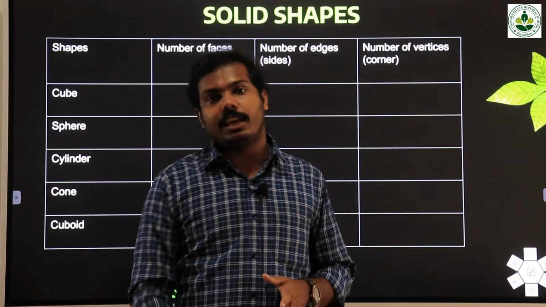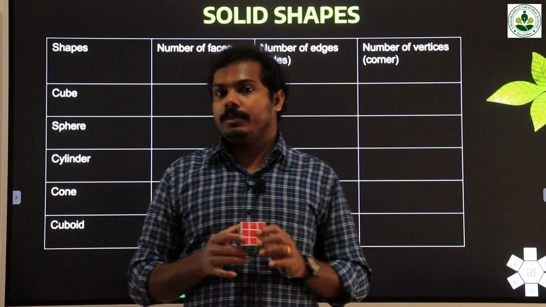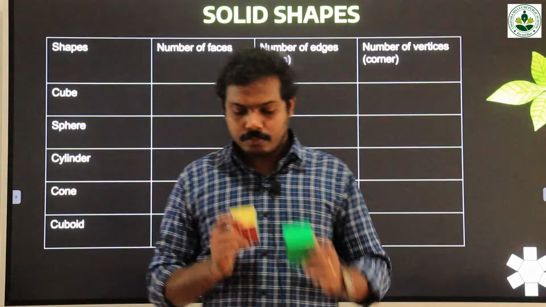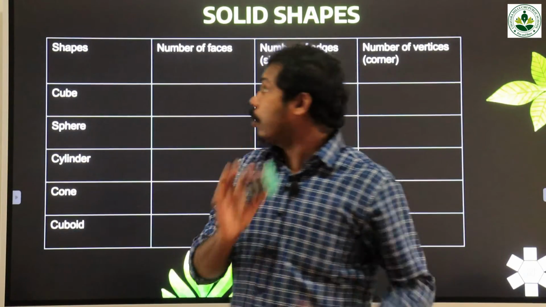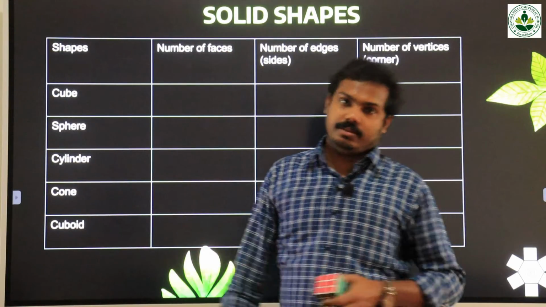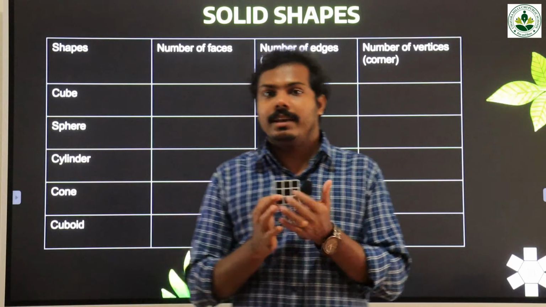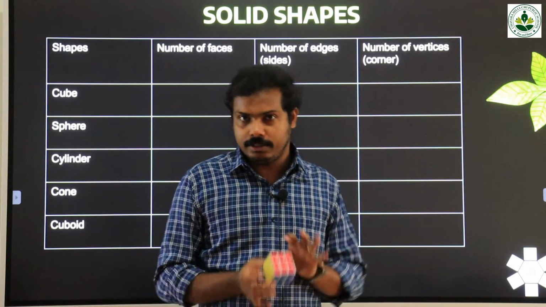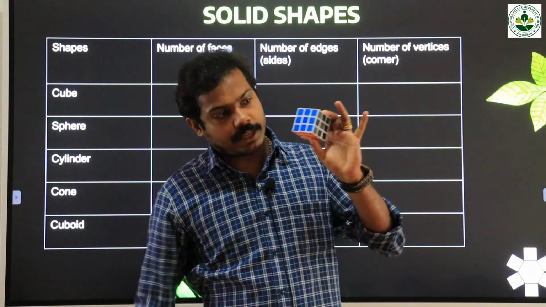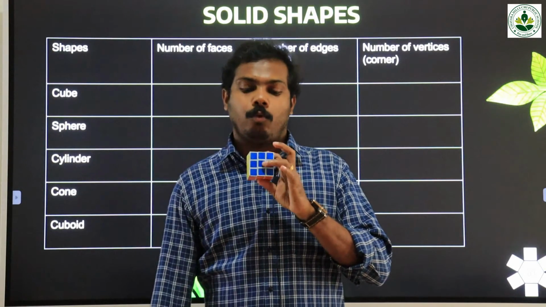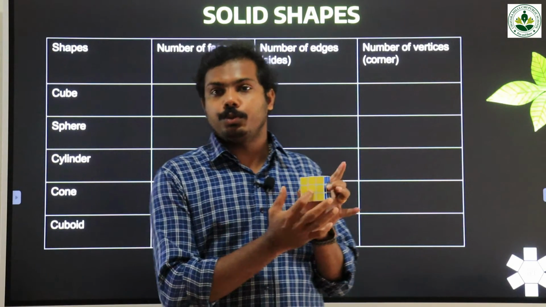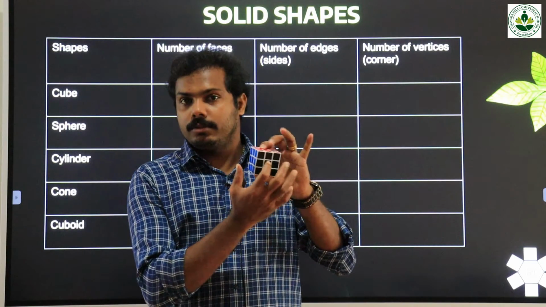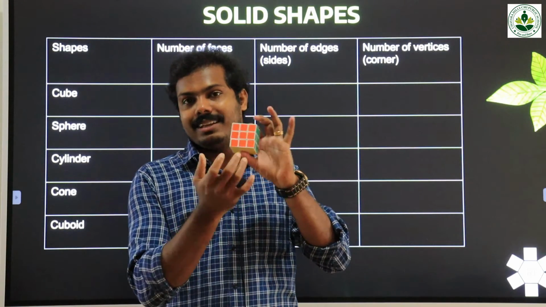First one is a cube. This is a Rubik's cube. Its shape is cube. We need to know the number of faces. What is a face? This one. This is the face. Number of faces equal, you can check. 1, blue, 1, 2, 3, 4, 5, 6.